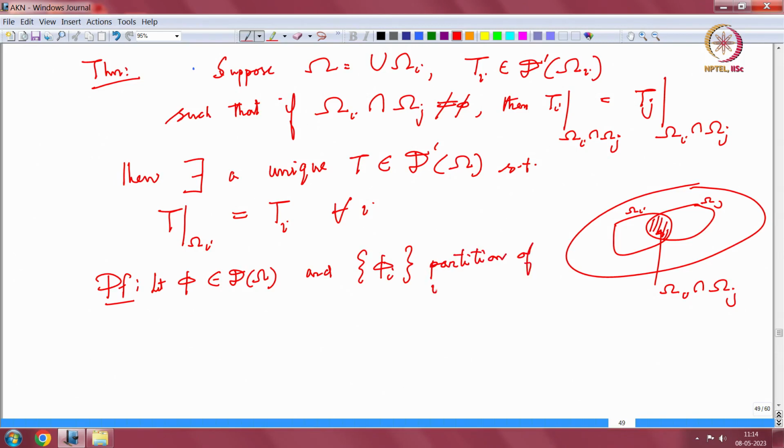There will be many partitions of unity, it need not be unique. Partition of unity is not unique, but our distribution T will be unique. You have to prove the uniqueness, also easy. The partition of unity corresponds to omega I.